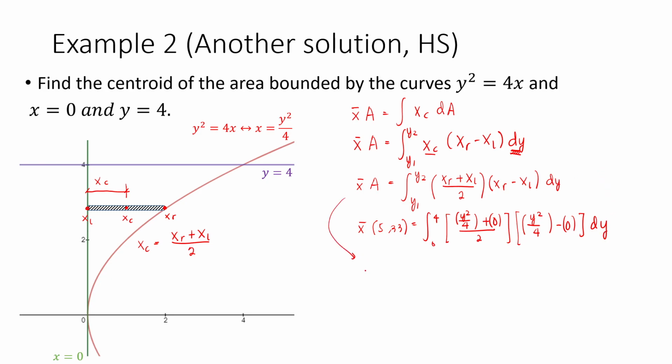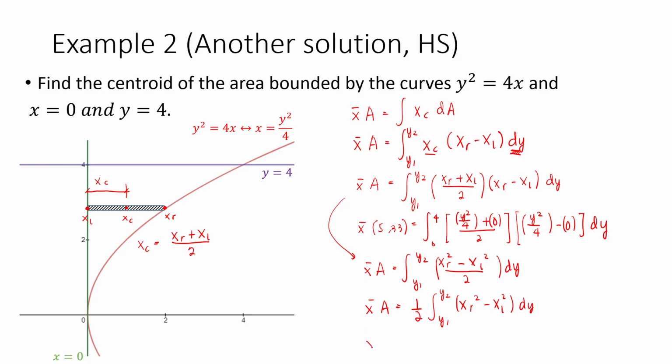So again, in my case, I'm going to simplify it even further. So I'm going to have x right squared minus x left squared all over 2 dy. And then I'm going to have 1/2 integral of y1 to y2, then x right squared minus x left squared dy.